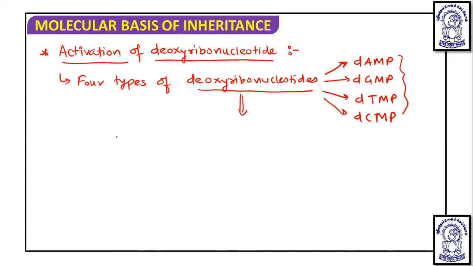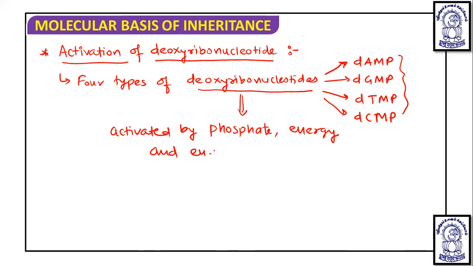These four types of deoxyribonucleotides are activated by phosphate energy and enzyme phosphorylase.